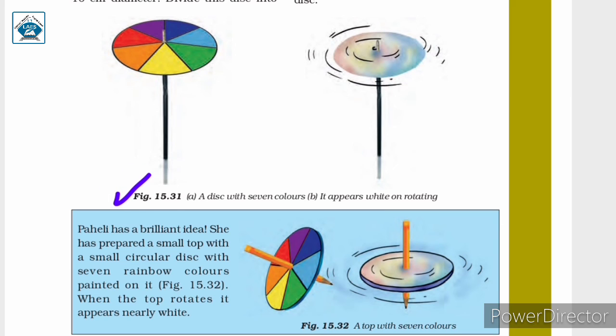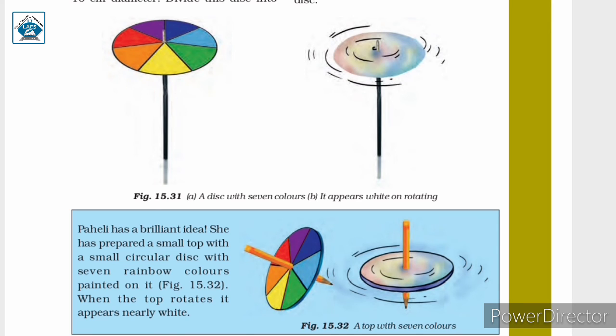Here this is shown in figure 15.31 that this is the refill of a ballpoint pen and this disc is placed by making a hole at the center of the disc on this refill. You need to make sure that the disc rotates freely as it is shown in the next figure. You need to rotate the disc in the daylight.